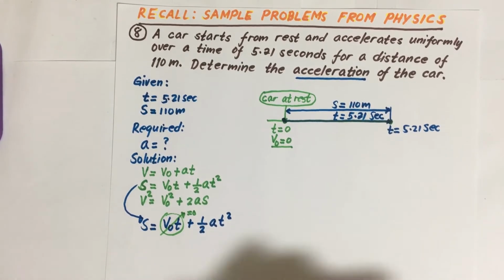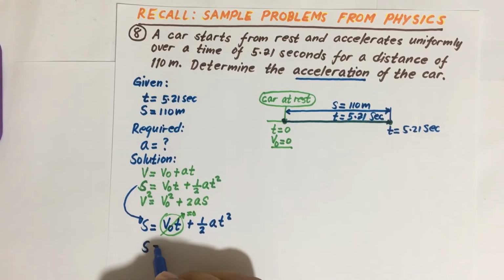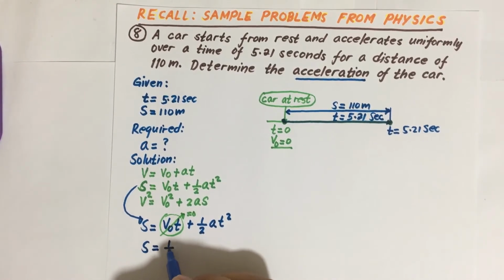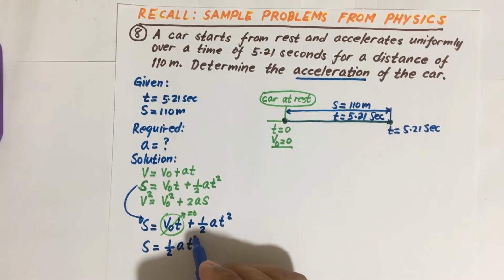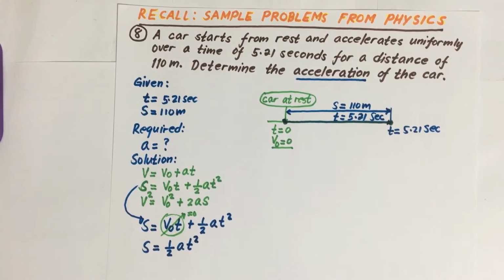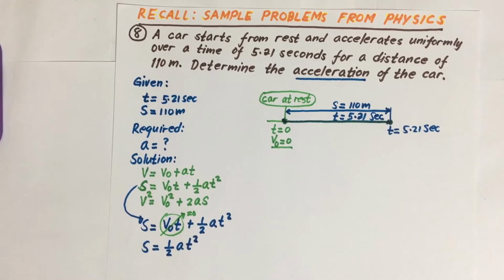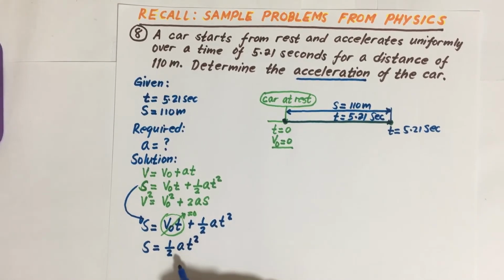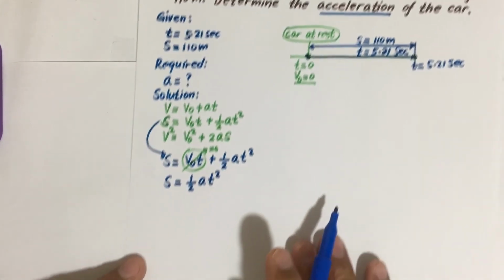So the equation now reduces to s equal to 1/2 times the acceleration times the square of the time. Take note that we need to solve only for a.